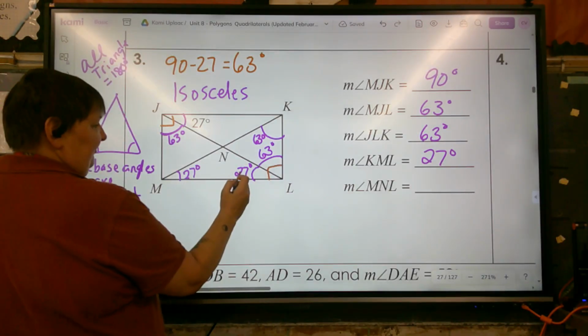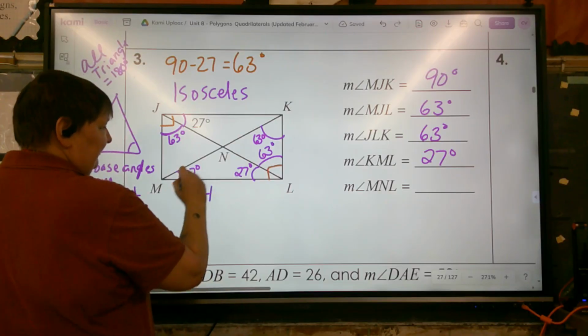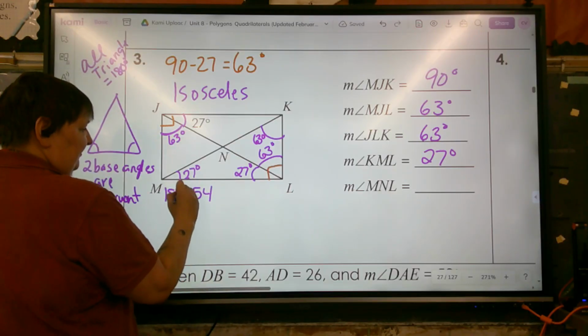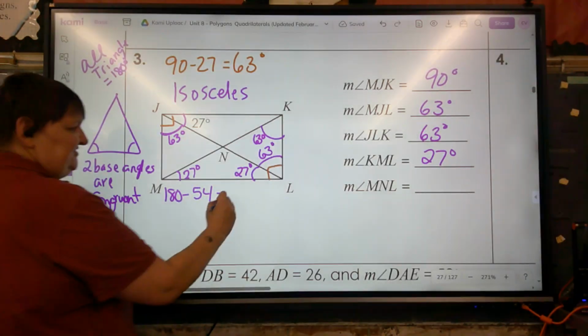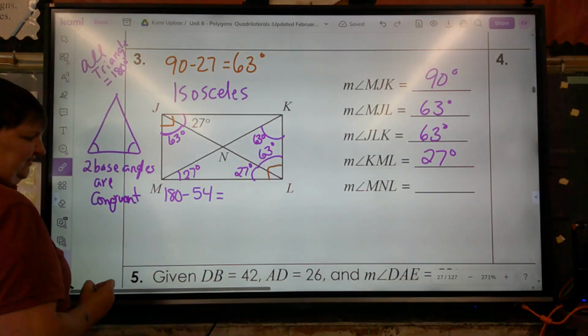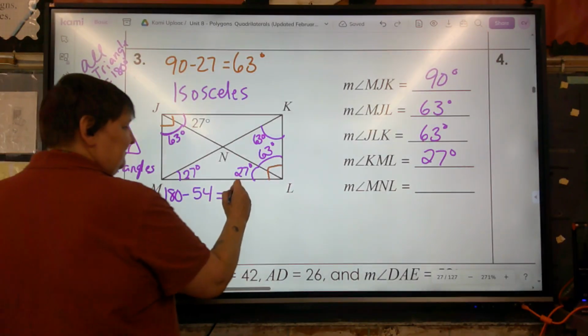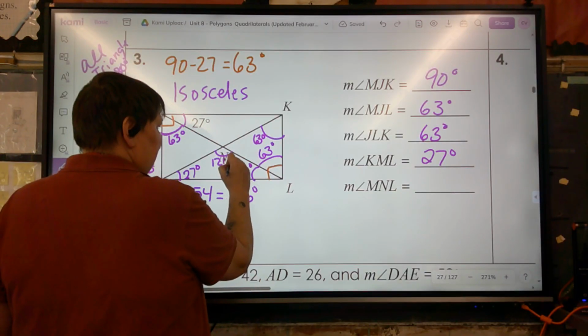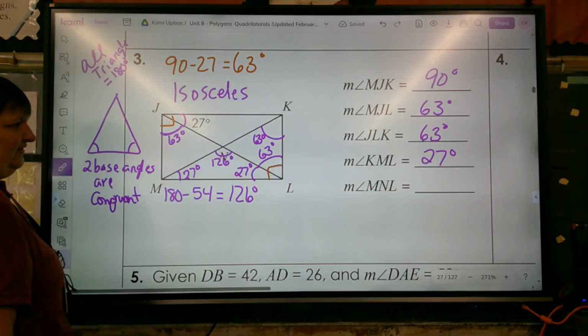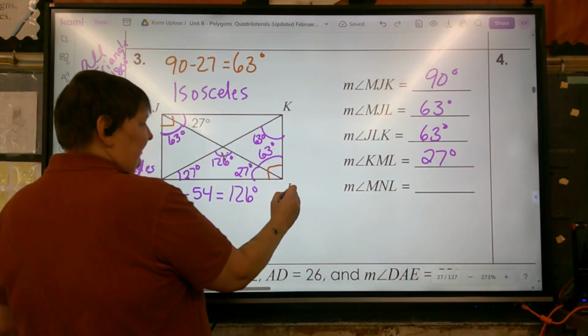So we have 27 and 27, which is 54, and it has to equal 180. So 180 minus 54 is 126. That means this is 126. And that's what we needed, MNL, 126.